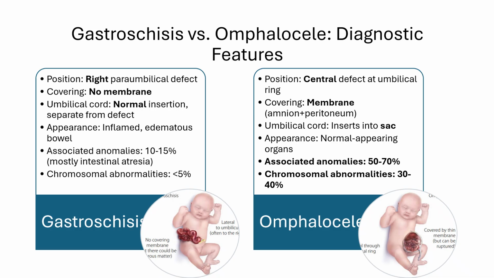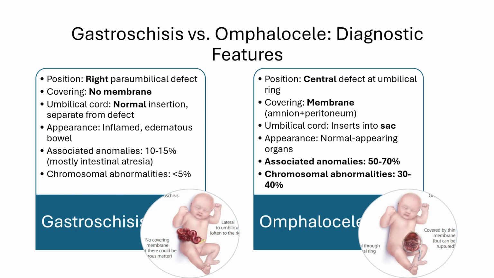Associated anomalies create the critical management difference. Gastroschisis carries low risk, 10 to 15% associated anomalies, mostly intestinal atresias, with chromosomal abnormalities under 5%. Omphalocele tells a different story. 50 to 70% have associated anomalies, and 30 to 40% have chromosomal abnormalities.